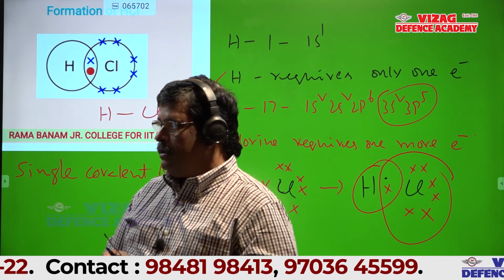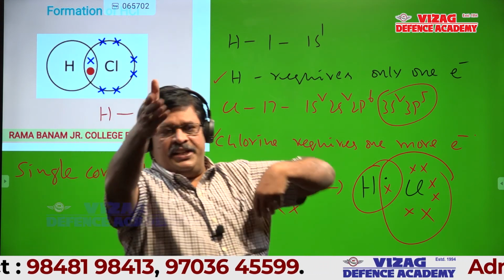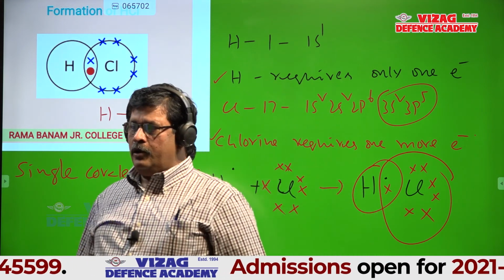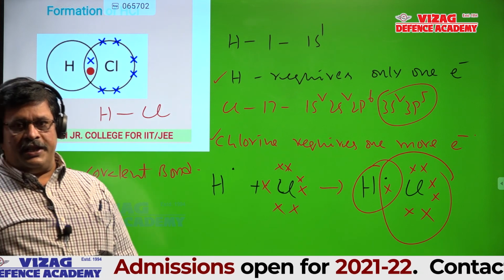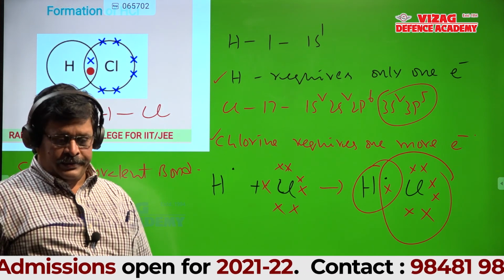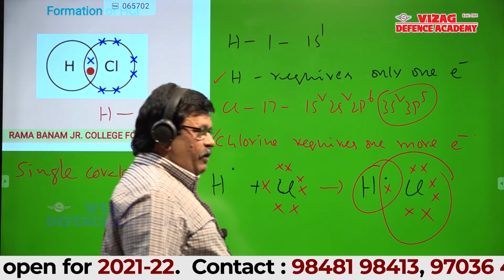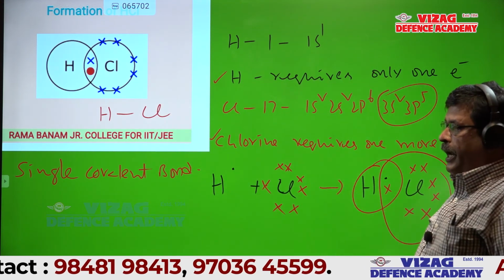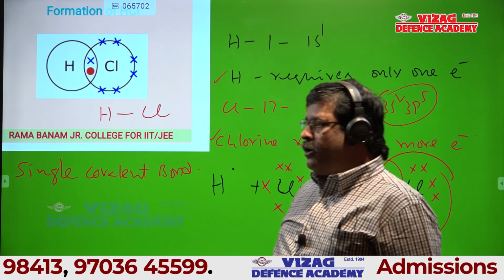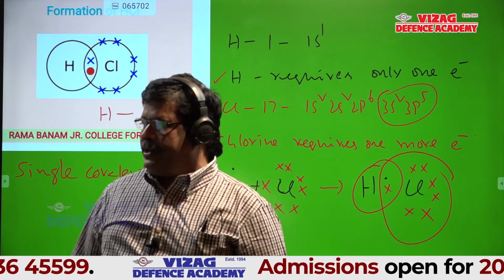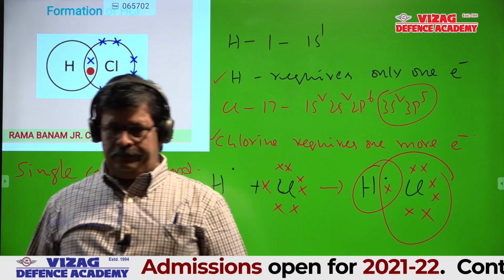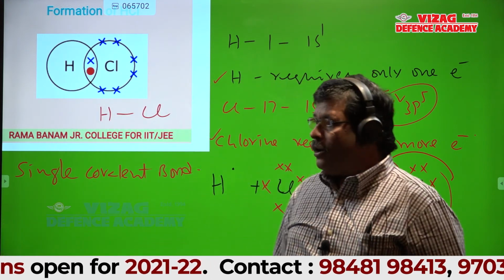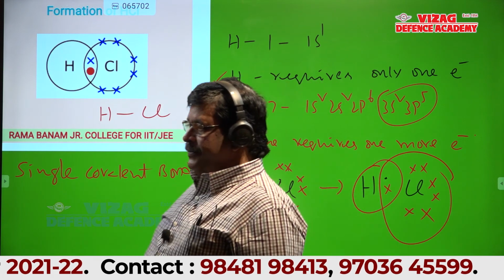No, sir. Then chlorine has 7 electrons in the valency shell, and it requires one more electron to attain octet.